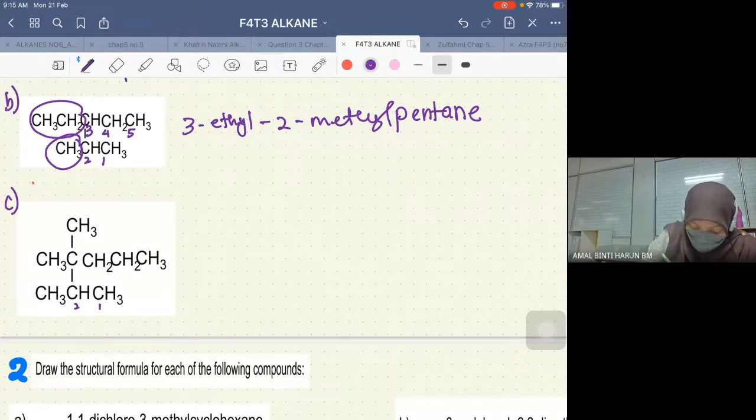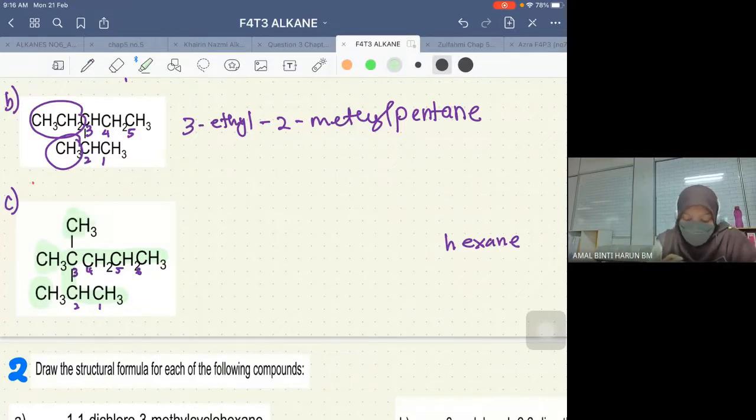1, 2, 3, 4, 5, 6. So it will be hexane. Okay, the parent chain will be hexane. And then we have substituent. So your substituent will be methyl.